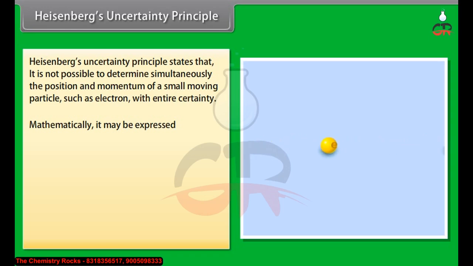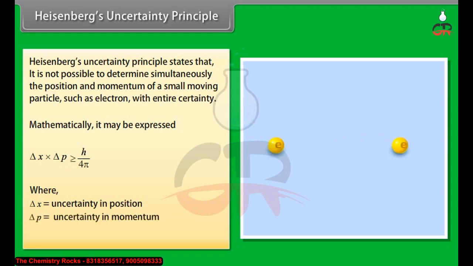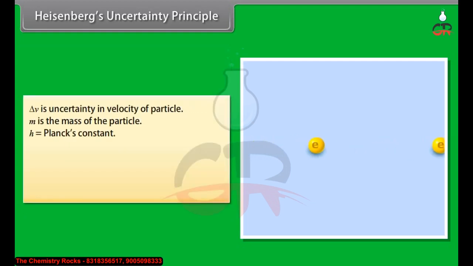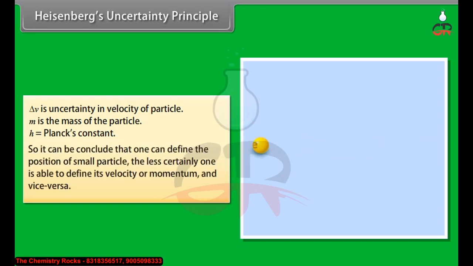Mathematically, it may be expressed as delta x into delta p greater than or equal to h by 4 pi, where delta x is the uncertainty in position, delta p is the uncertainty in momentum, equal to m delta v, delta v is the uncertainty in velocity of the particle, m is the mass of the particle, and h is Planck's constant. So, it can be concluded that the more precisely one defines the position of a small particle, the less certainly one is able to define its velocity or momentum, and vice versa.